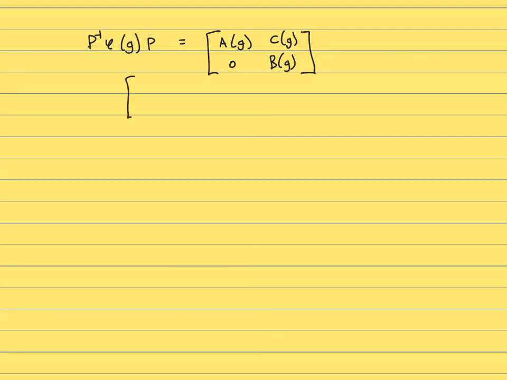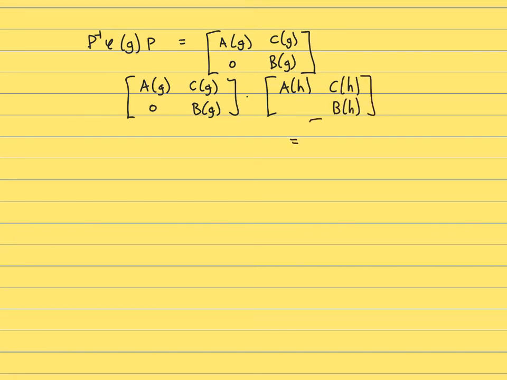Well, I mean, if you multiply two matrices of this form, what's going to happen? Well, the upper diagonal is still going to just be AG times AH.